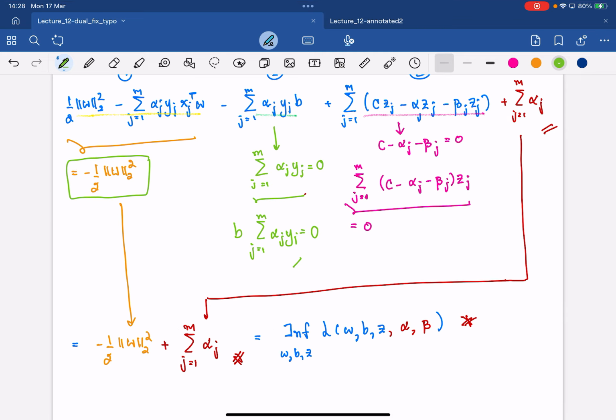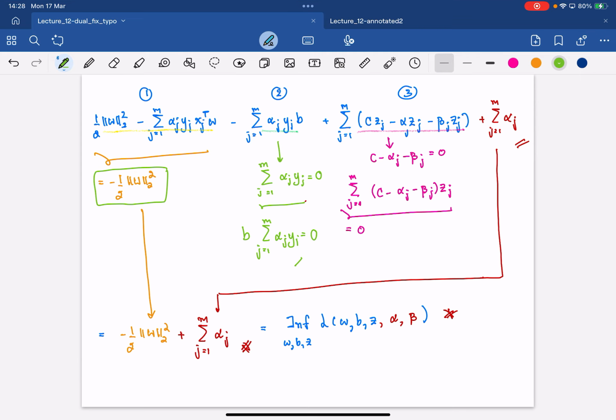For the second term at the infimum, this term is supposed to equal 0 because, in order to cause the infimum, this summation of alpha j, yj has to be 0. And lastly, for your last term, c minus alpha j, beta j has to equal 0. Therefore, the summation of this term will be equal to 0 at the infimum.